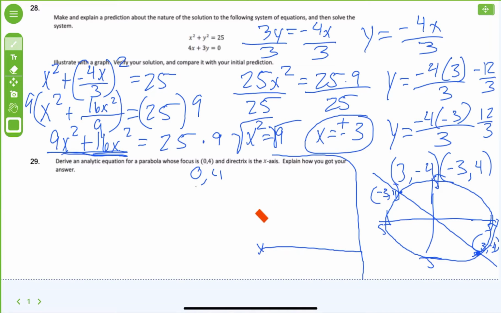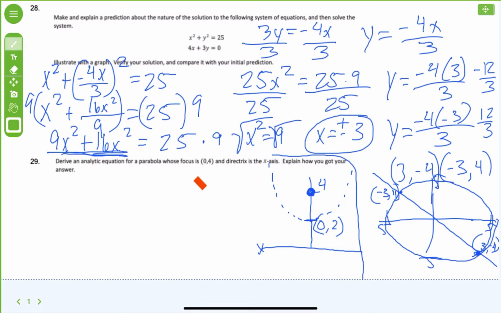I'll scoot this over here. 0, 4. This is 4. Here's our 0, 4. Now, if that's the focus, that means our parabola is going to have a vertex right here at 0, 2.